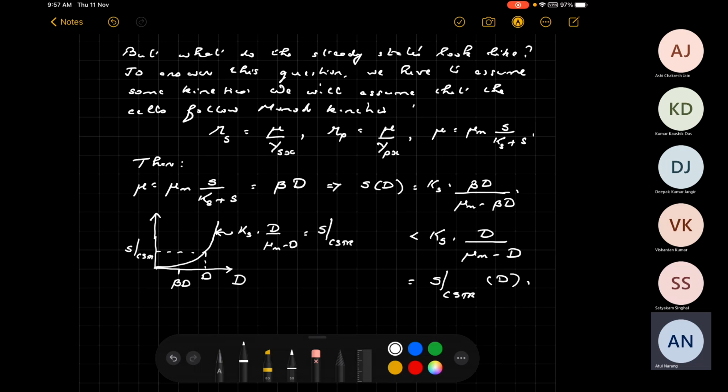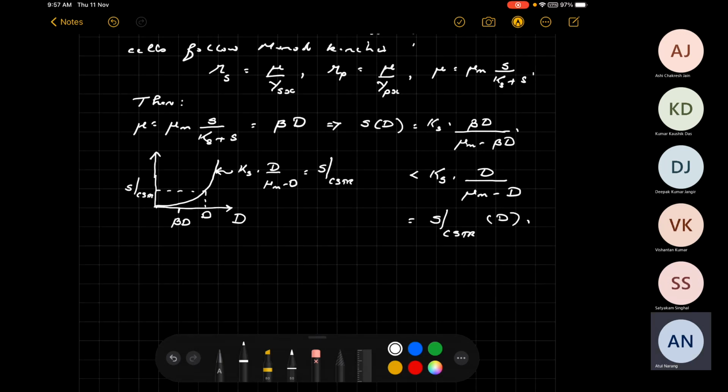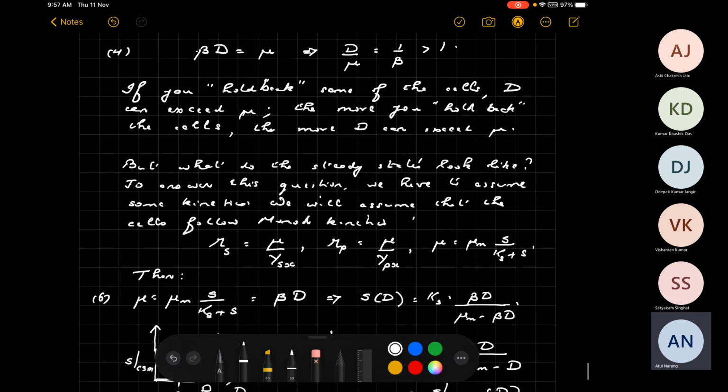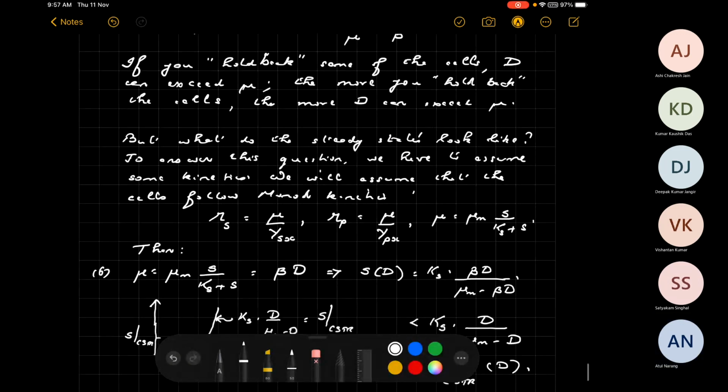But we can actually do better. You can get more insight by asking the question. You can see that from this relationship, which I will call equation 5, and this is 6.